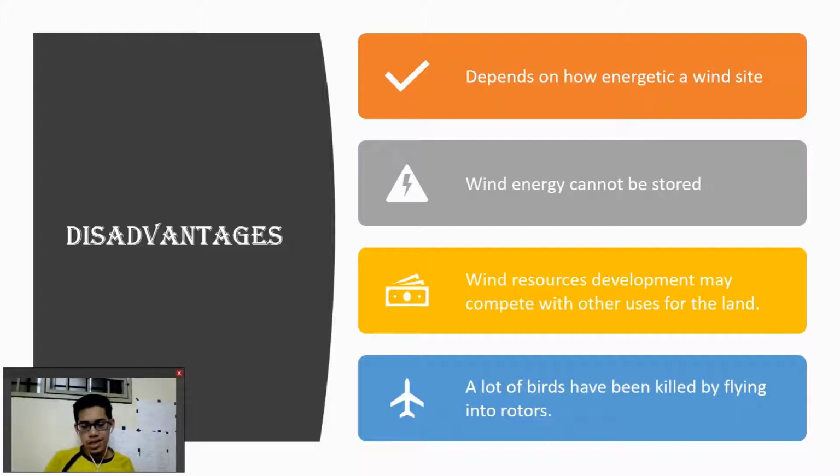So there will be competition for the uses of the land. And the last one is that a lot of birds have been killed by flying into rotors, which means that a lot of birds flying around the turbines get killed when they go into the rotors. That's all from me. Thank you.